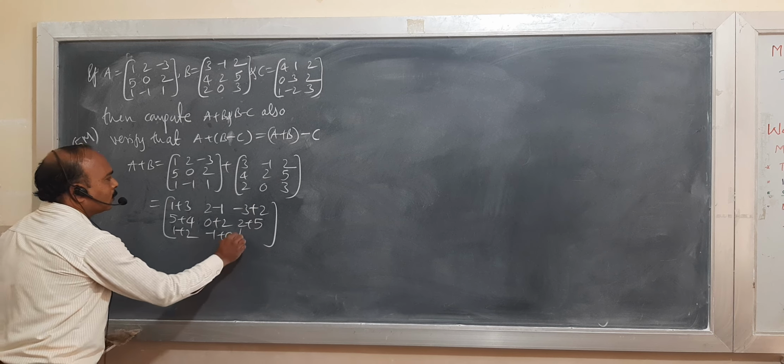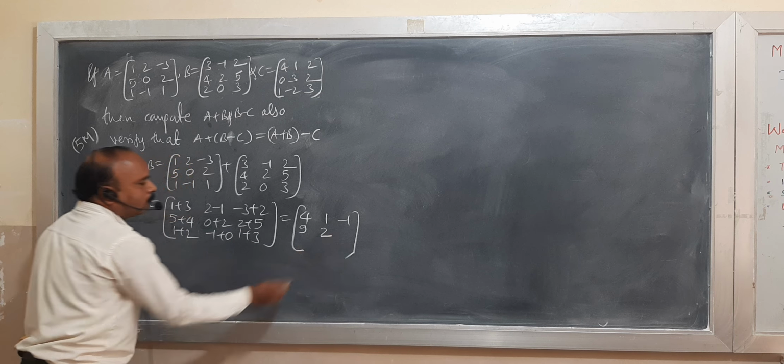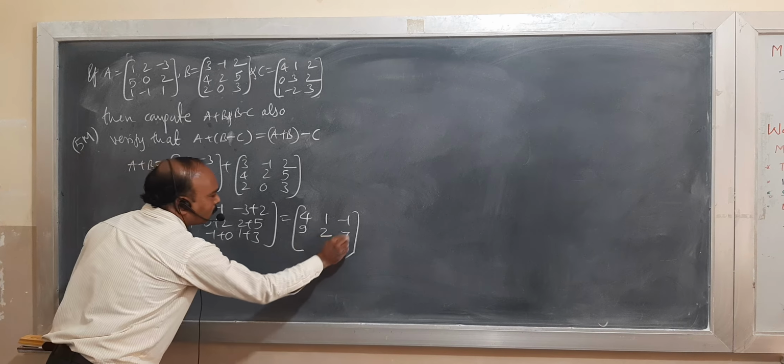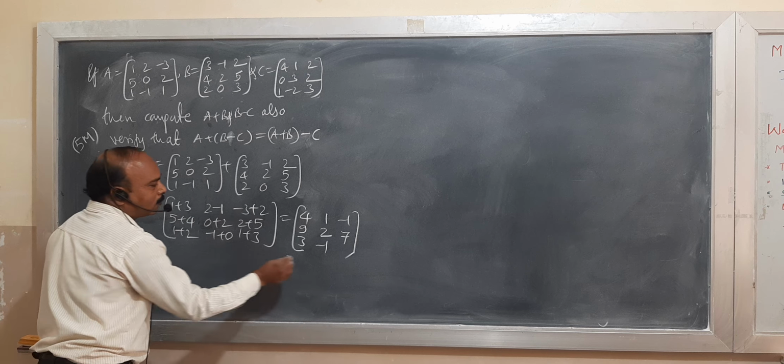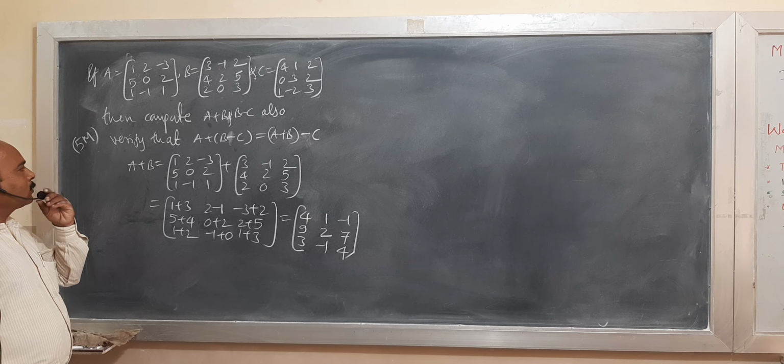Then you get 1 plus 3 is 4, 1, minus 3 plus 2 is minus 1, 5 plus 4 is 9, 0 plus 2 is 2, 2 plus 5 is 7, 1 plus 2 is 3, minus 1 plus 0 is minus 1, 1 plus 3 is 4. It is the value of A plus B.